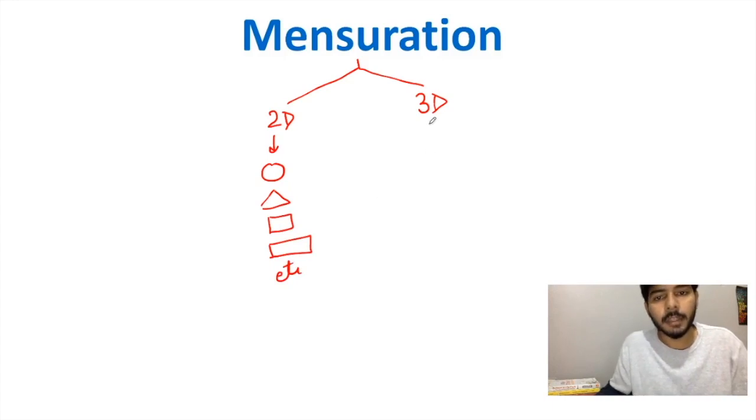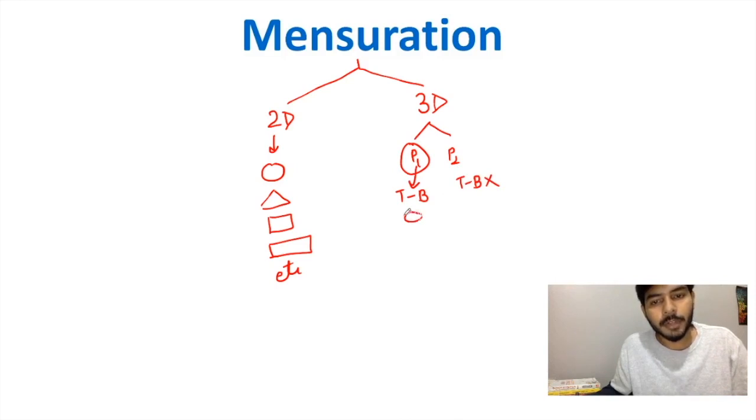And in 3D also I will divide it into two parts, P1 and P2. Those figures whose top and base are the same, we will talk about under this head. And those figures whose top and base are different, we will talk about in this.